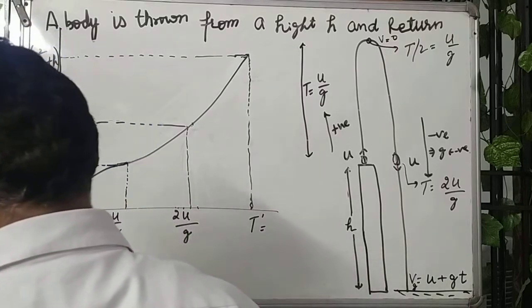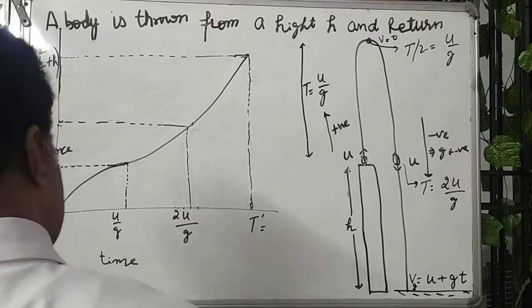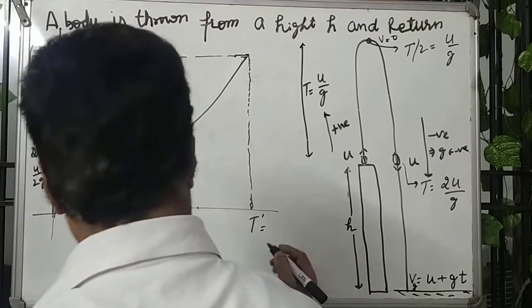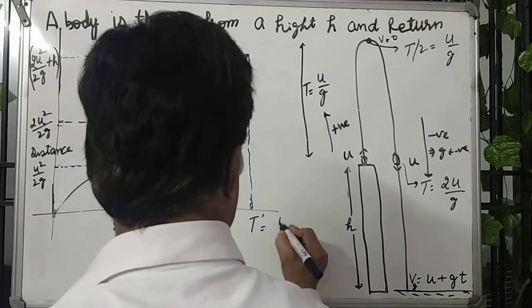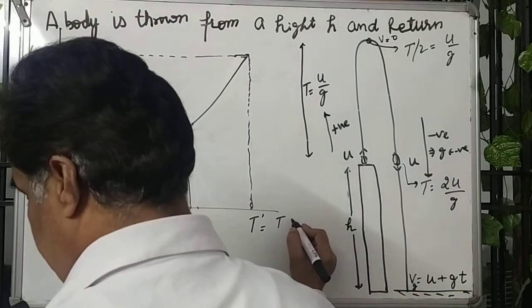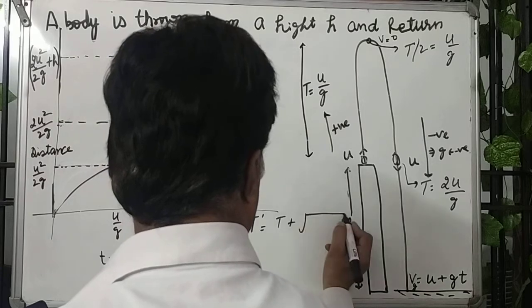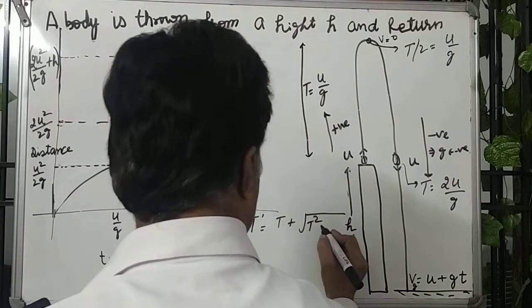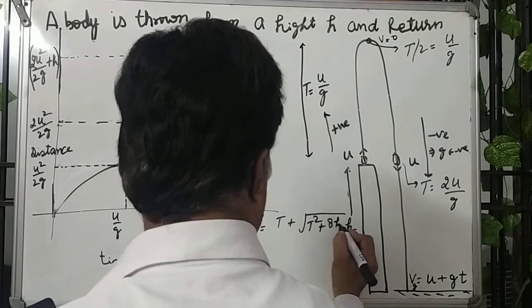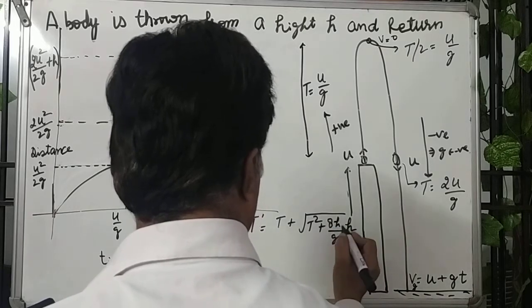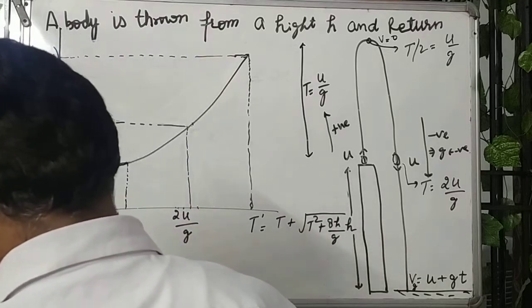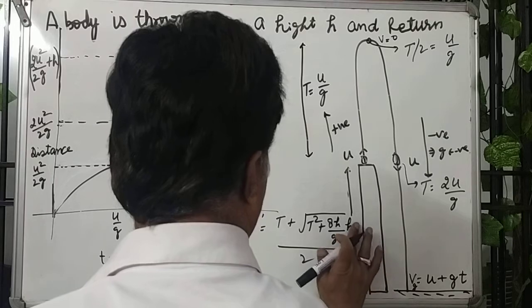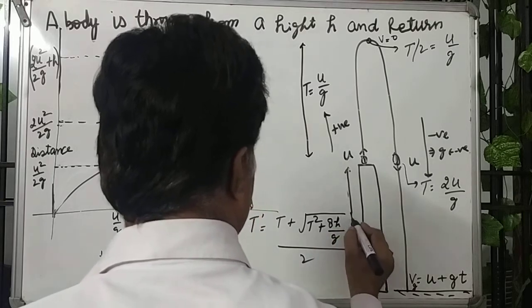This total time t dash is t plus root of t square plus 8h upon g, whole upon 2.